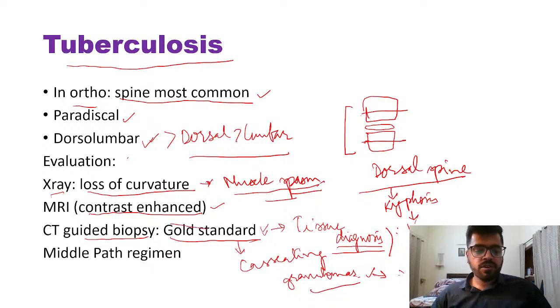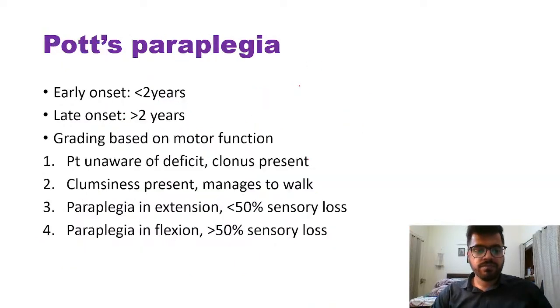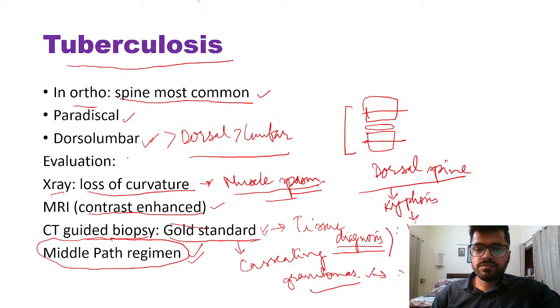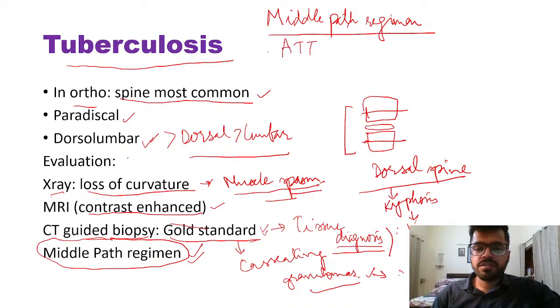For treatment, we follow the middle path regime. Middle path regime we follow for treatment of TB in spine. What is middle path regime? Middle path regime is that we start all the patients on anti-tubercular drugs and we evaluate.